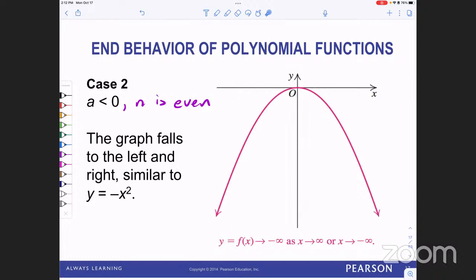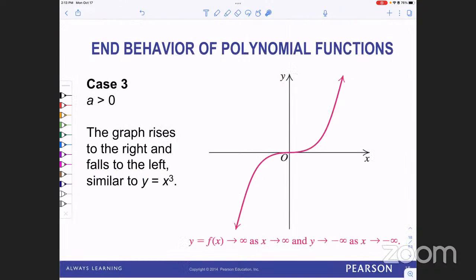So we saw 2 cases where n was even. Now we want to consider 2 cases where n is odd. Just like before, the leading coefficient is positive, and in this case, n is odd.